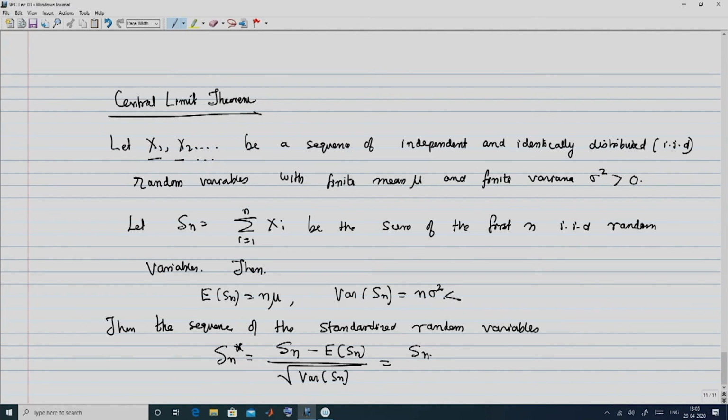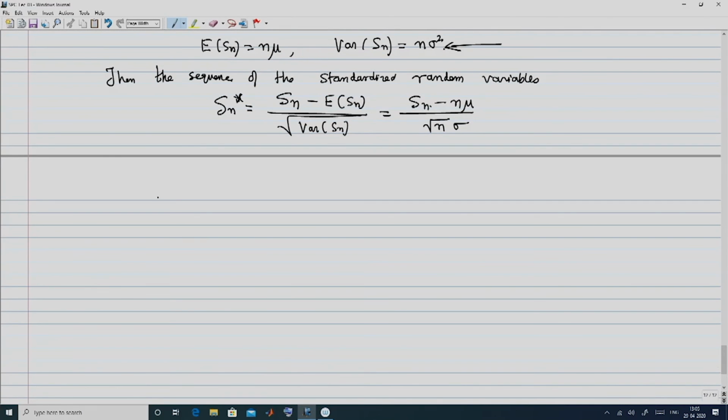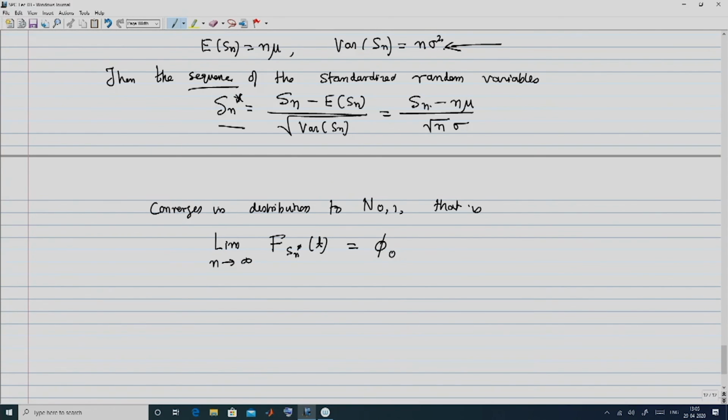Using the observation here, this is going to be Sn minus n mu over square root of n into sigma. So, this sequence Sn star converges in distribution to N(0,1). That is, more explicitly, this means that the limit of the distribution F of Sn star at t, as n tends to infinity, turns out to be phi(0,1) at t, which is the standard normal distribution.